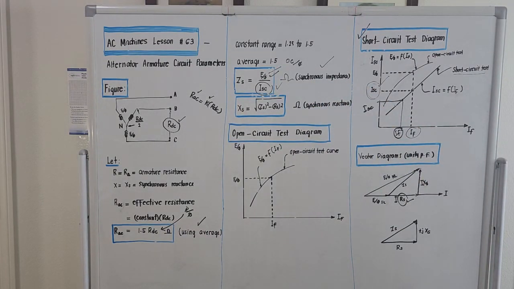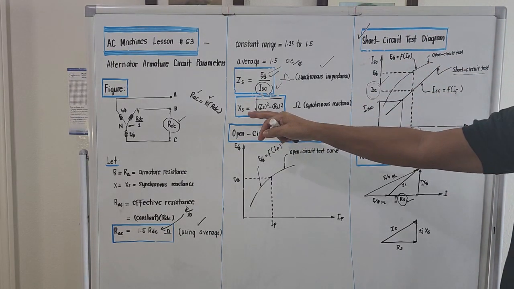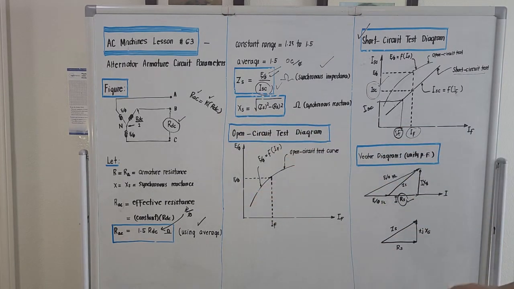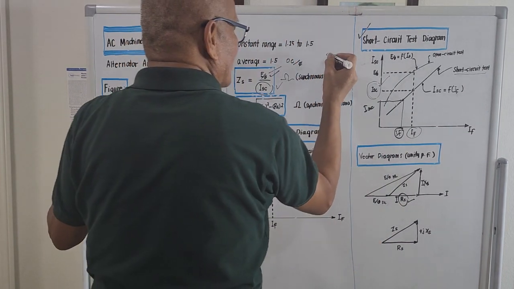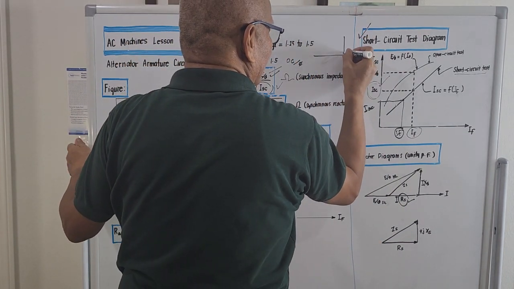We are now on the last part of the computation of the voltage regulation. How do we compute X sub S now? That's an easy one, because we passed the subject matter AC circuit.